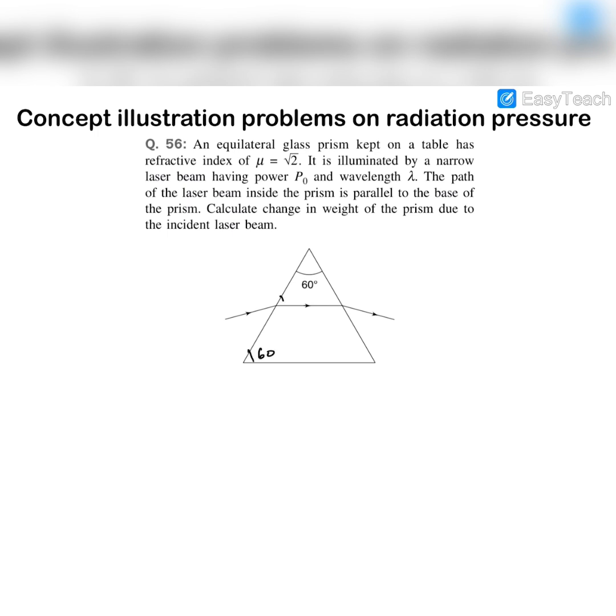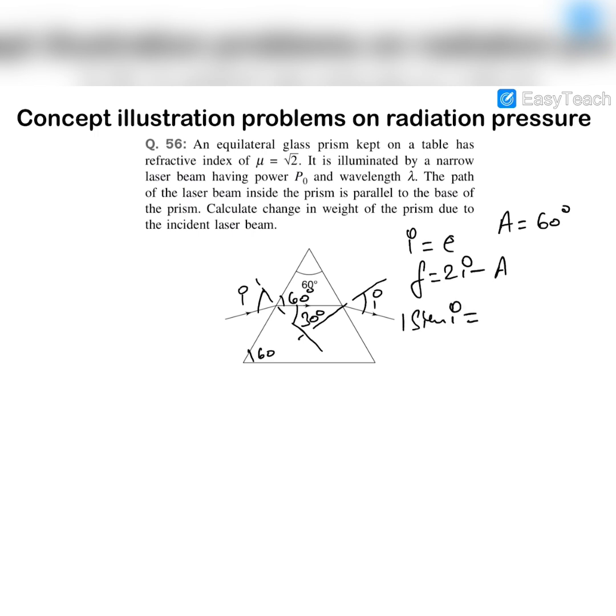Therefore this angle will be 60 degree, this angle will be 60 degree, this angle will be 30 degree, and if this is I, so this will be I, because I will be equal to E for the minimum deviation, and delta will be equal to 2I minus A. A is obviously 60 degree, and I can be calculated by using Snell's law, that 1 sin I is equal to root 2 sin R. R is 30 degree, so I will be equal to 45 degree.